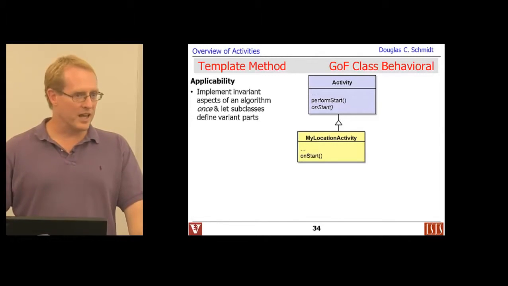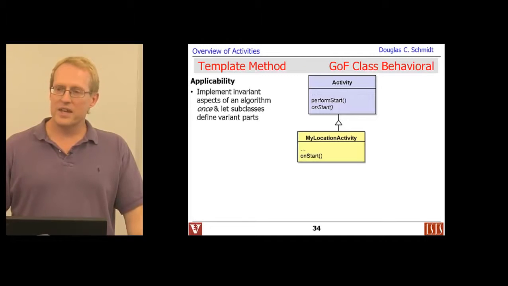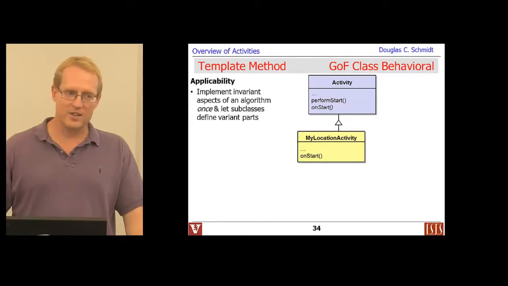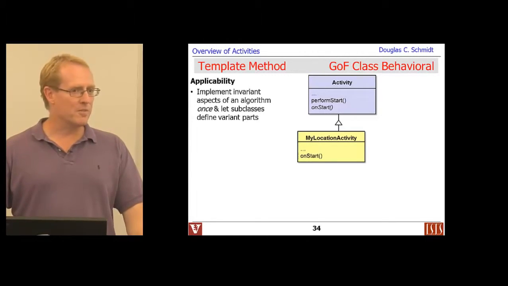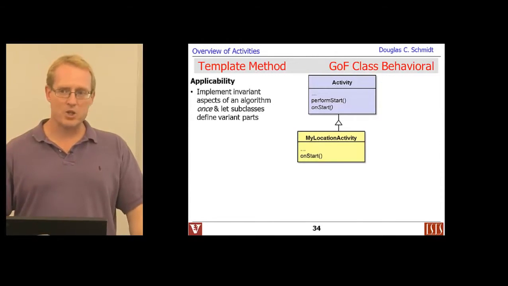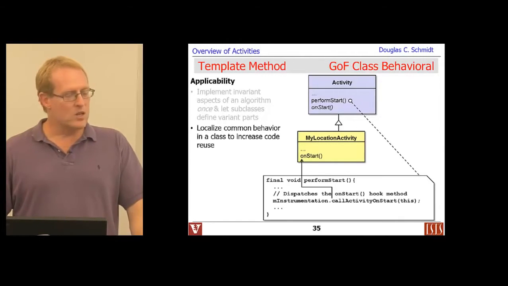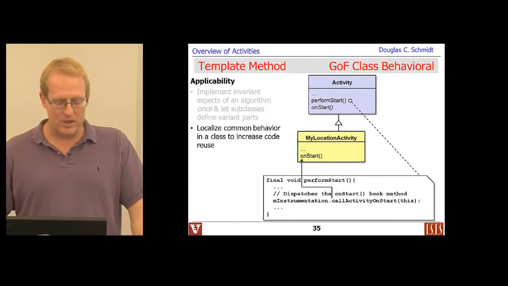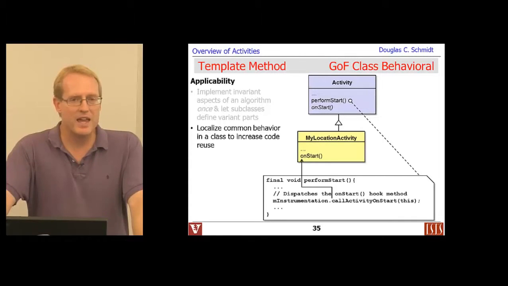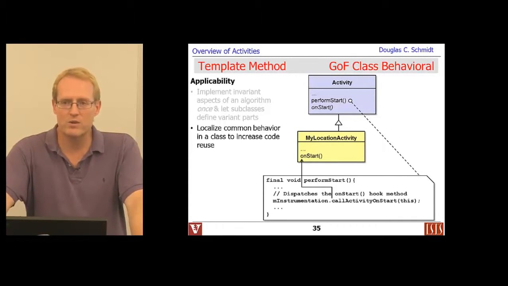What you typically do in Android with stuff like activities is there's a base class that is defined called Activity, and then you inherit from that and you fill in certain variant parts, certain things that may change on an application-to-application basis. You also would apply this pattern if you want to be able to localize common behavior in a class to increase the reuse of code.